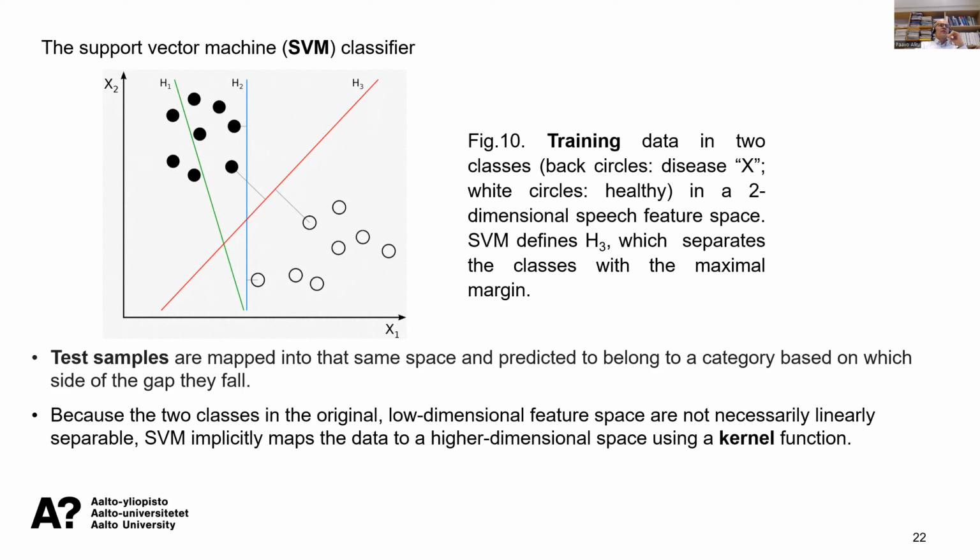In this simplified example, these pathological samples happen to be on the upper left part of the space, and these healthy samples happen to be located in the lower right part of the space. The SVM is a classifier, which in the training phase, that means we are given both these black ones and these white ones.